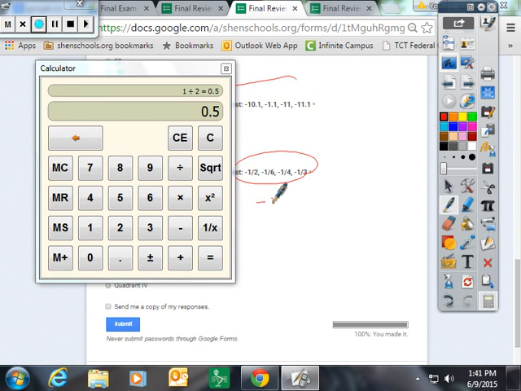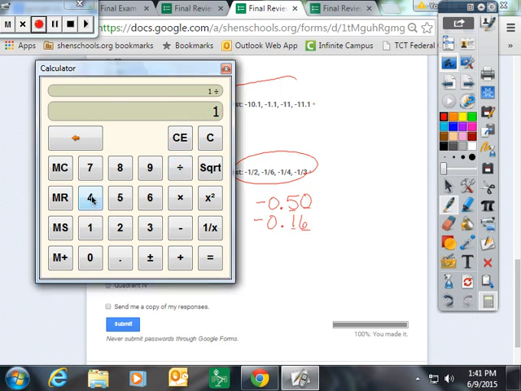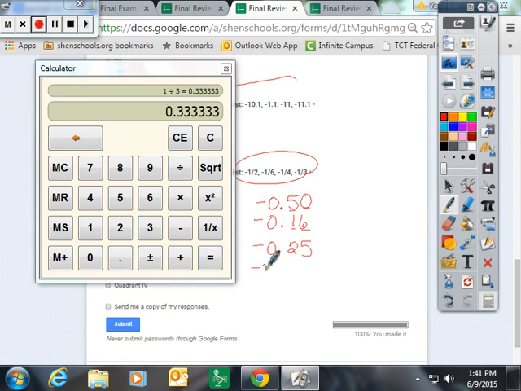This fraction is going to change to negative 0.5. 1/6, or 1 divided by 6, is negative 0, and I'm going to go 0.16. I'm going to add a 0 here, so they're both in the hundredths place. The next one, 1 divided by 4, that's going to be negative 0.25. And the last one, 1 divided by 3, is going to give you negative 0.33.